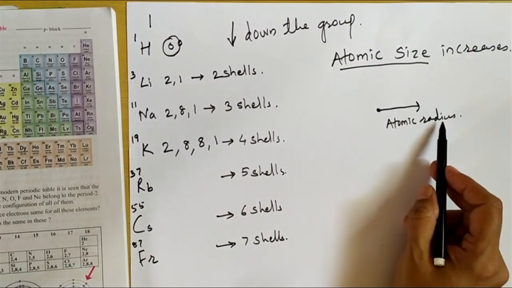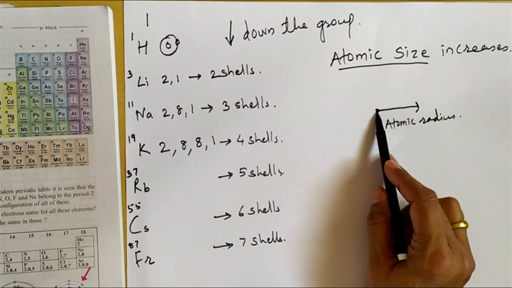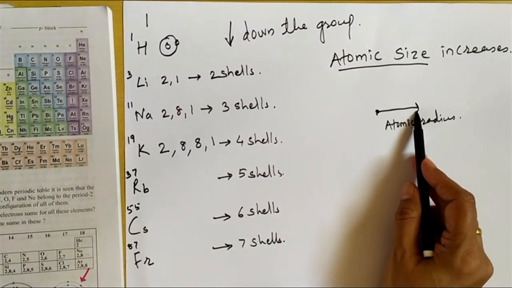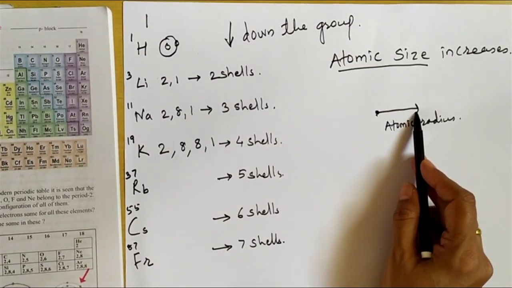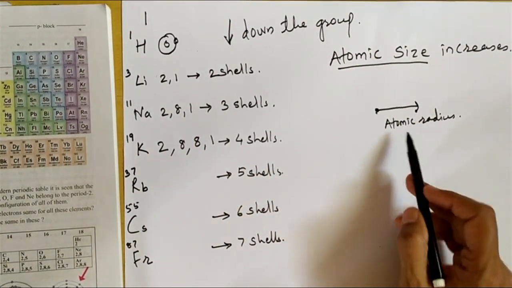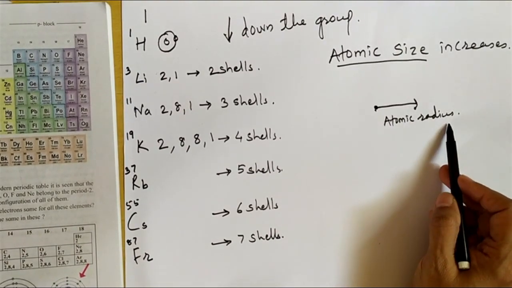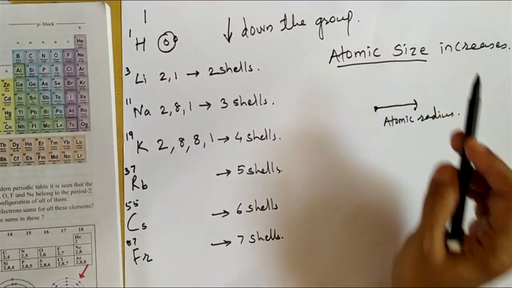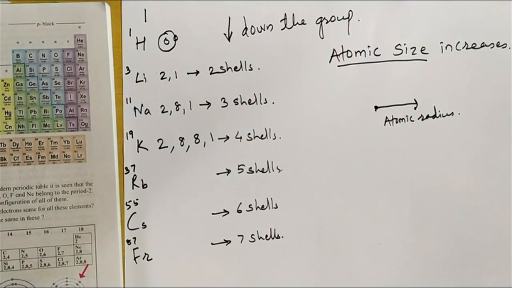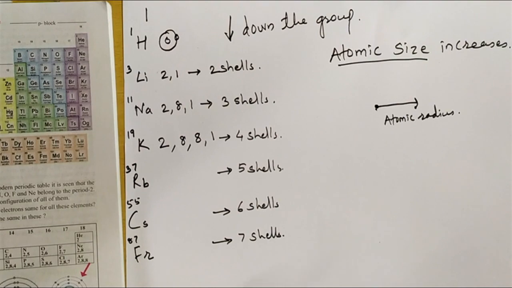Atomic radius is what? The distance between the center of the atom to the outermost shell or outermost orbit. So as the number of shells goes on increasing, that means atomic radius also goes on increasing. As the atomic radius goes on increasing, atomic size will also go on increasing. Correct?